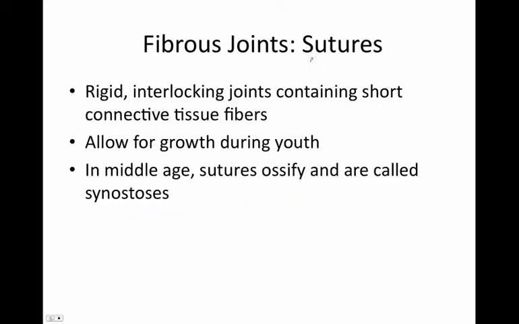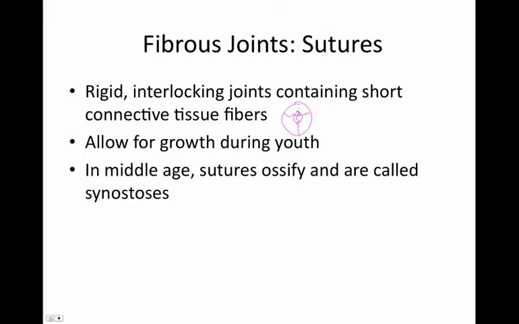Specifically looking at the sutures, these are rigid interlocking joints containing short connective tissue fibers. There had been some questions previously about what keeps these sutures together and how they form. If we take a look at a superior view of a baby's skull, in the area where we end up forming our coronal suture and our sagittal suture, before those form up, we may have a fontanelle type of shape.